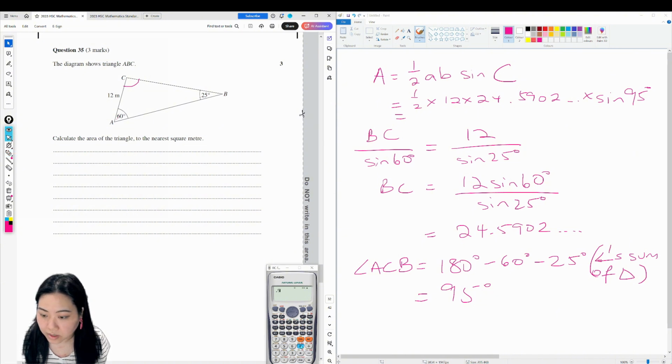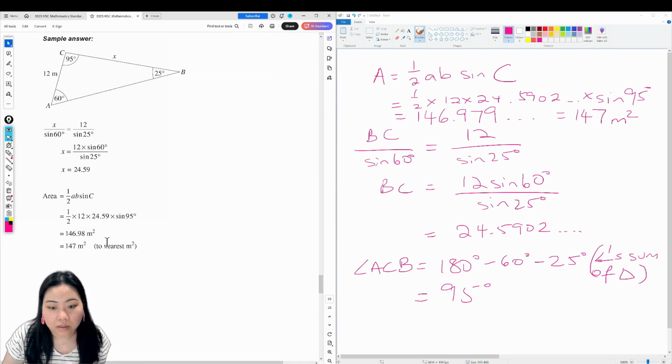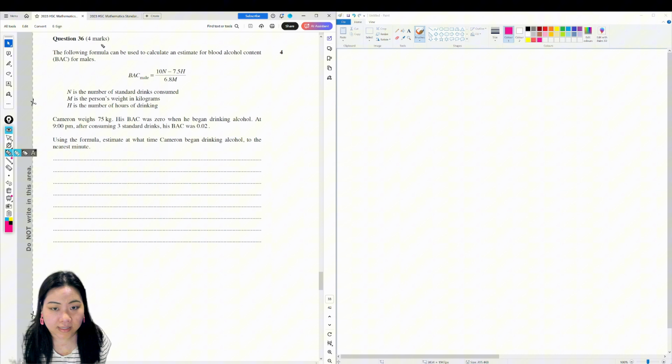Half times 12 times 24.5902 times sine 95 degrees. We have an area of 146.79 dot dot dot, which to the nearest square meter is 147 square meters. Let's check our answer. 147 square meters. Yes.